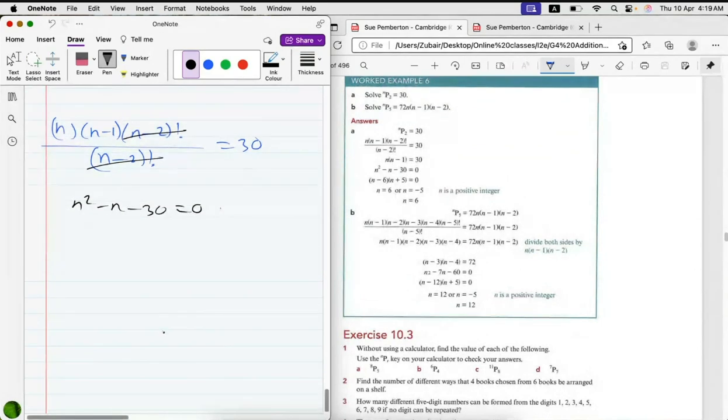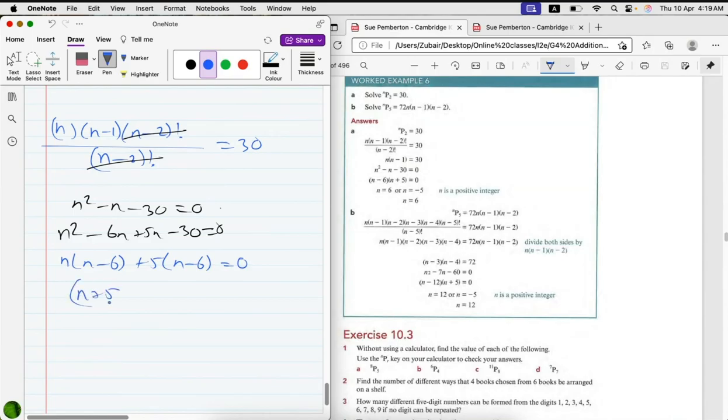Now 30 is 5 into 6. n squared minus 6n plus 5n minus 30 is equal to 0. n common (n minus 6) plus 5 common (n minus 6) is equal to 0. (n plus 5)(n minus 6) is equal to 0. n is equal to minus 5 and n is equal to 6. Now 6 is the answer because number cannot be negative.